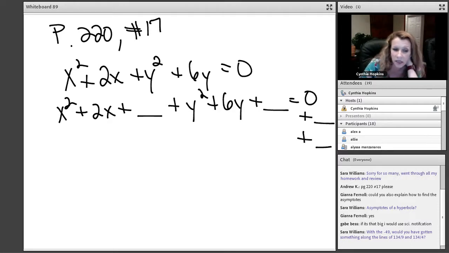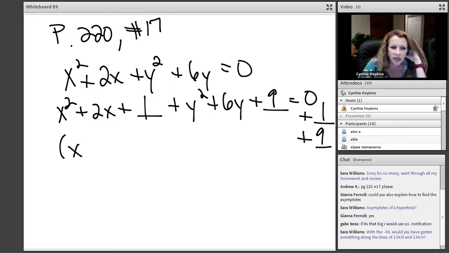Because my leading coefficient is a 1, I take half of that 2, which is 1, and square it, which is 1. And so I also add 1 to the other side of my equal sign. For my y's, because my coefficient of the y squared is 1, I take half of 6, which is 3, square it, I get 9, and so I add 9 to both sides.